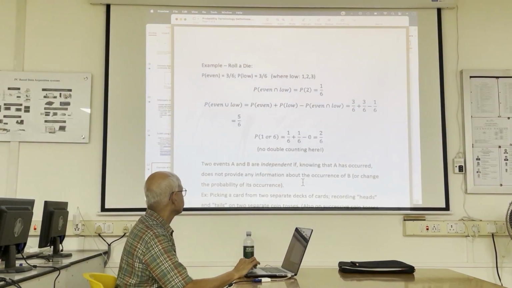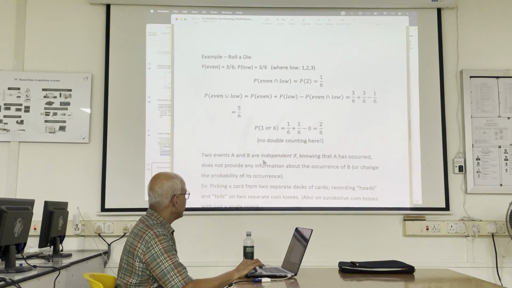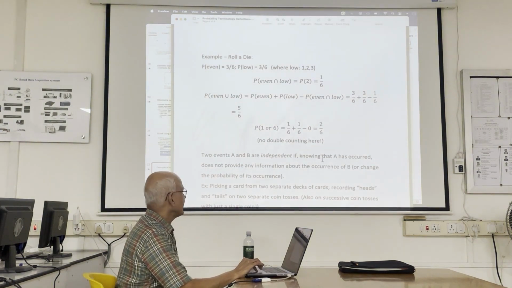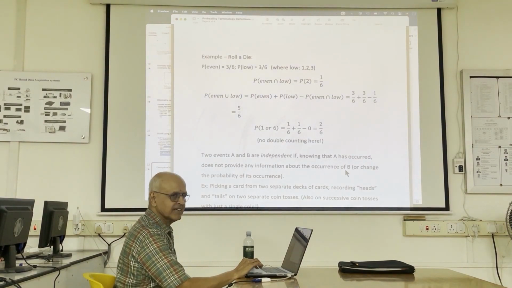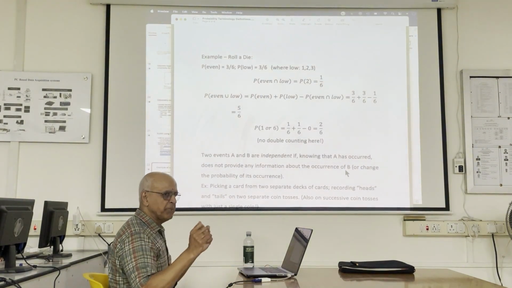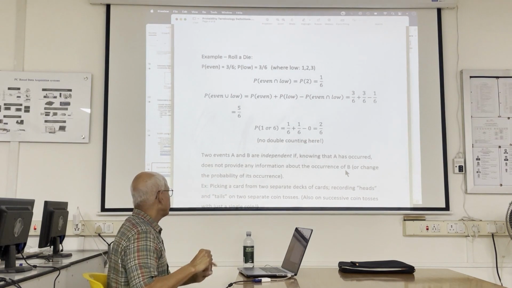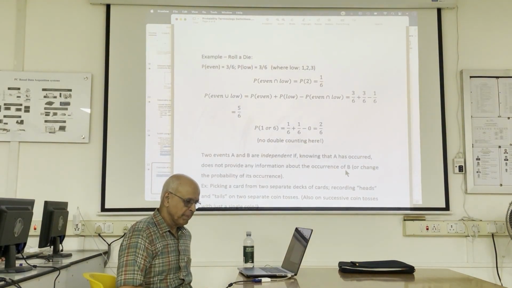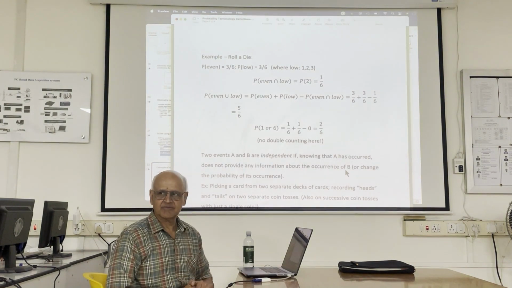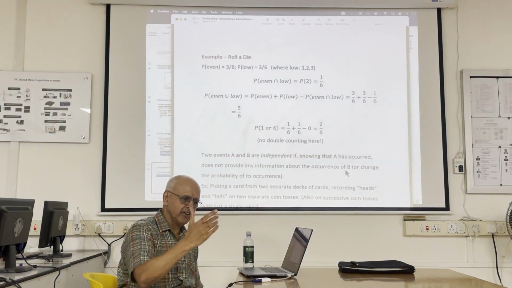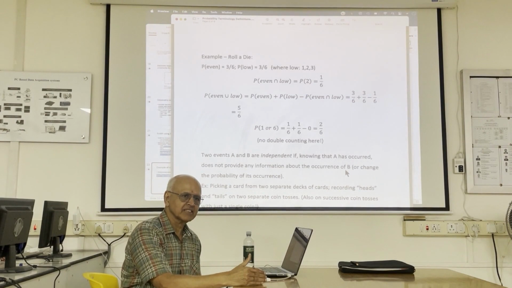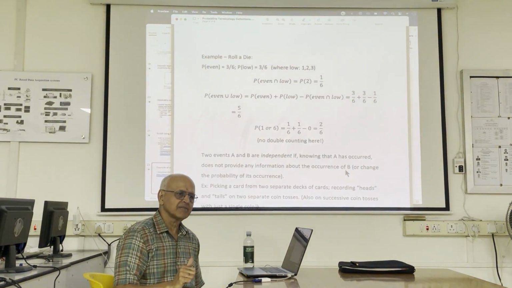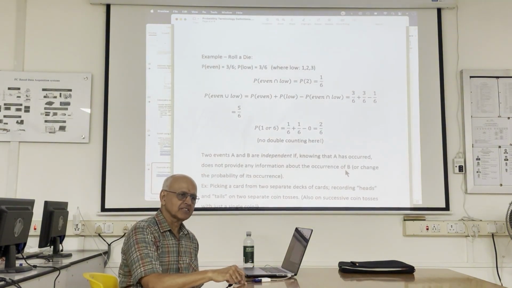I'm just kidding. So two events A and B are independent if knowing that A has occurred does not provide any information about the occurrence of B. So that's what independence means. If you toss a coin and you get a certain outcome, heads or tails, the next toss is unrelated to this.